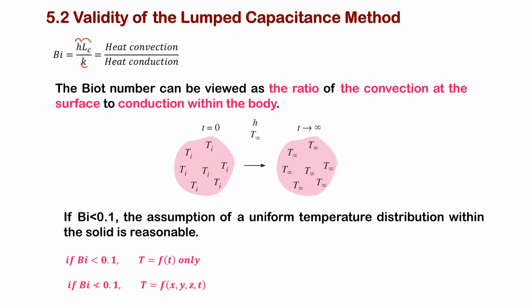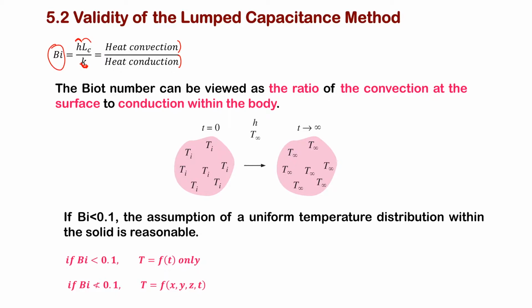And there is a dimensionless number that contains all these three parameters. It's called the Biot number, indicated by Bi. It indicates the ratio of heat convection to heat conduction. Conduction is with k, convection is with h.